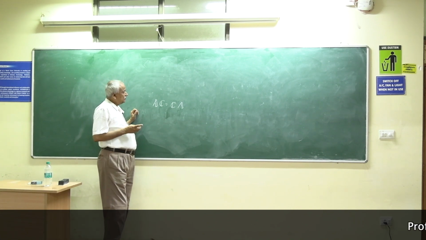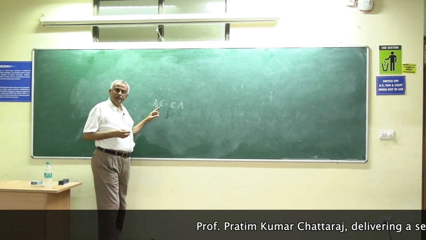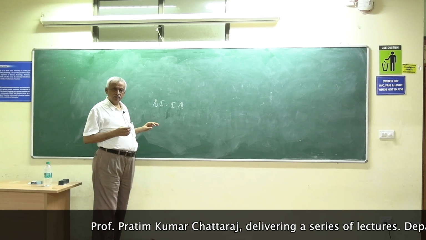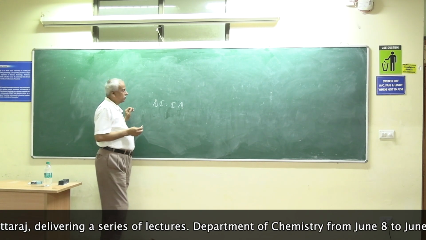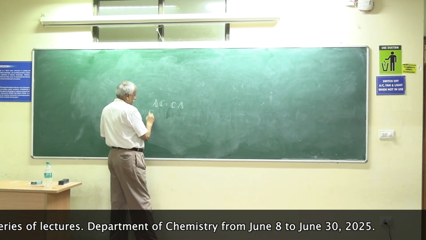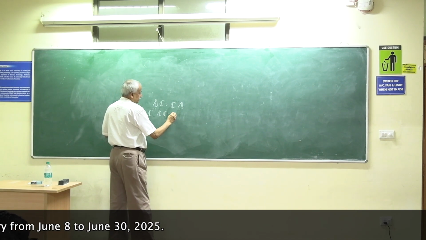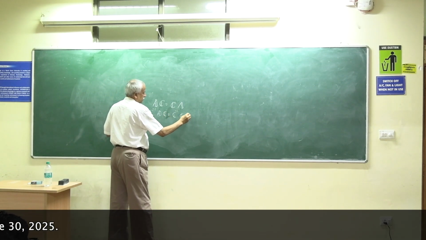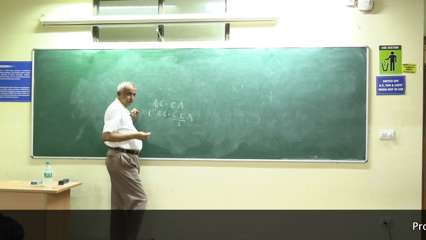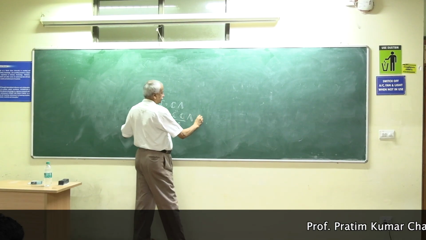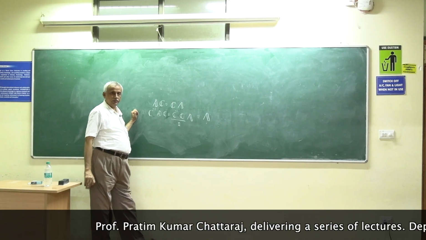Now, suppose C is a non-singular matrix, I can find out the inverse of that matrix. Do you know by any chance how to find out the inverse of a matrix? Yes or no? No. Okay. So if I multiply this, let's say C inverse AC, this one is the unit matrix.